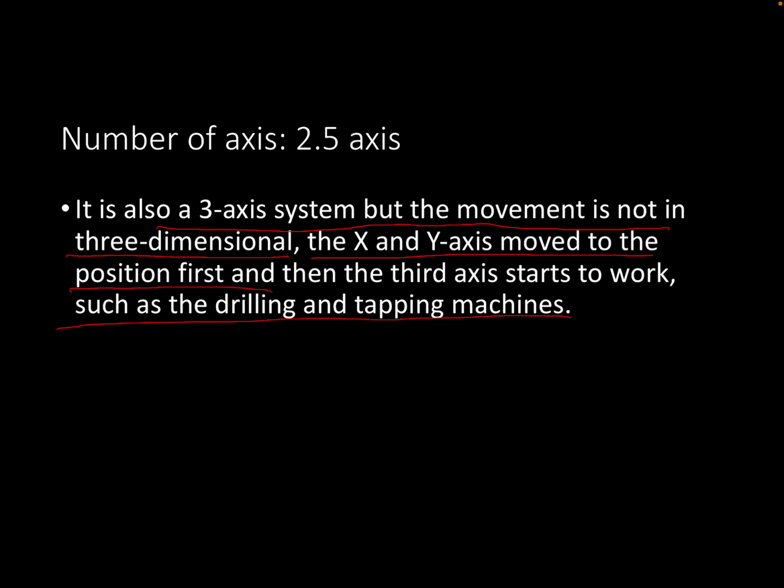So the machine will first position the tool at the appropriate place, then after positioning, it will start the material removal operation. It cannot perform simultaneous positioning. You have to understand this point.